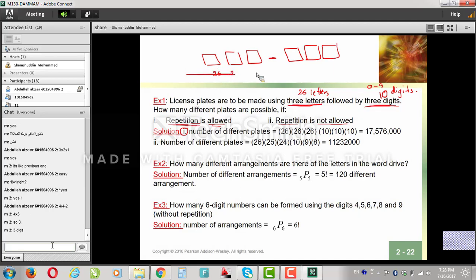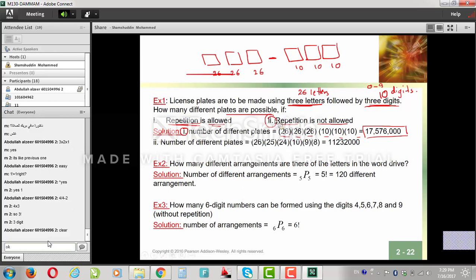If I'm repeating, 26 here, 26, 26, and 10, 10, 10. There's no problem. So the result is 26 times 26 times 26 times 10 times 10 times 10, and the answer is this if you do all the multiplication.